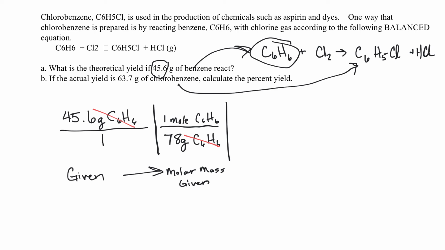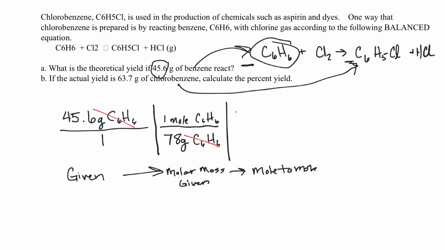On this one, it doesn't really matter because our mole-to-mole ratio is actually 1 to 1, but I always like to put it in there just to make sure that I'm canceling the correct units and coming up with a correct answer.